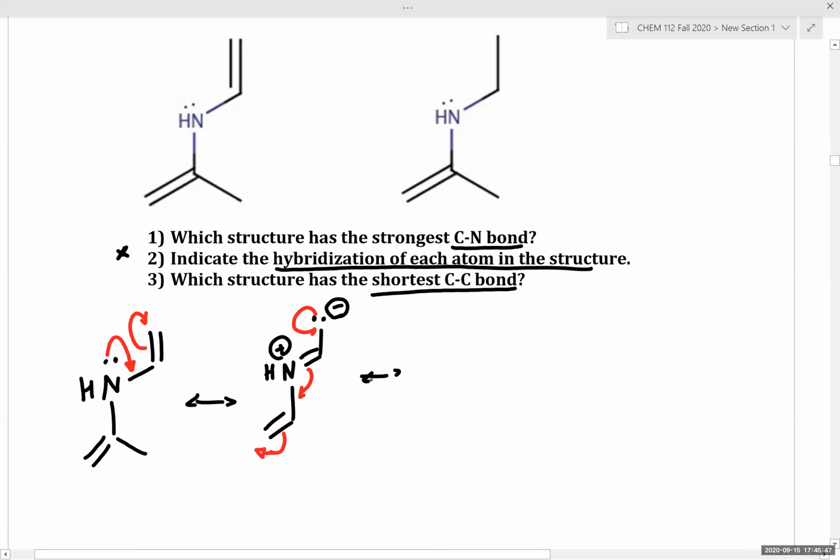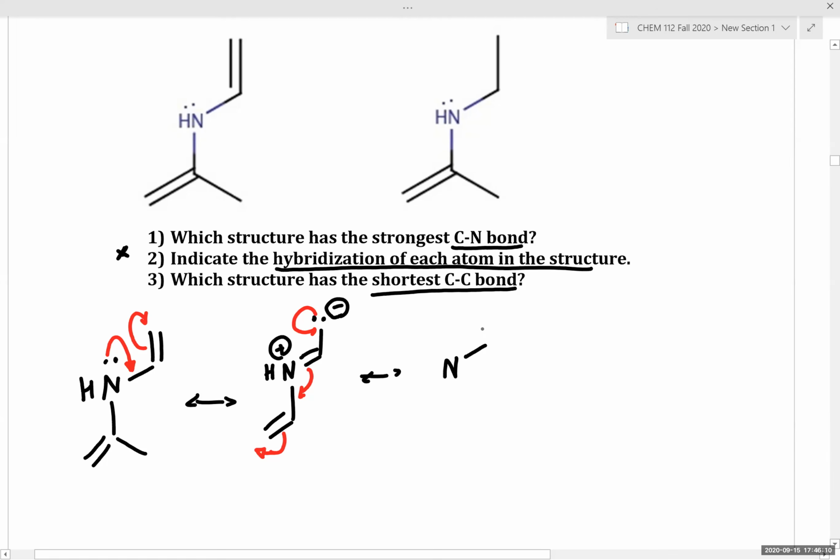Remember, we can only delocalize our electron density across atoms that are participating in resonance, atoms that contain a pi bond, an empty p orbital, or a lone pair in a p orbital, in other words, a lone pair adjacent to a pi bond.